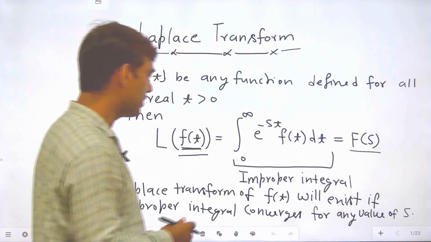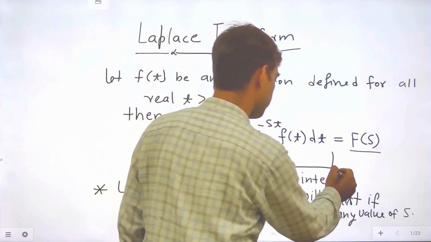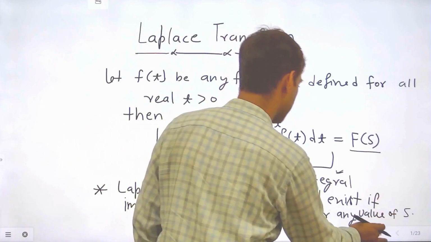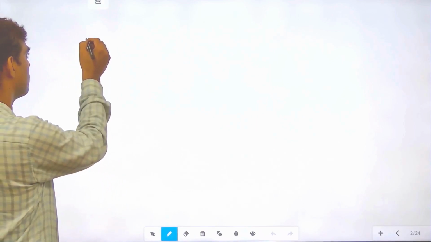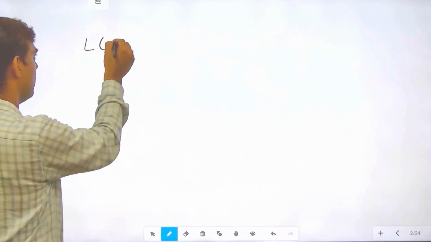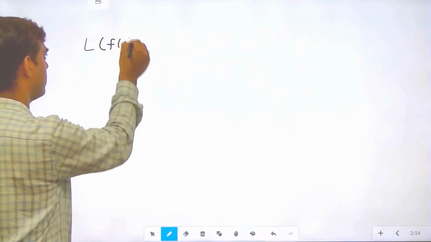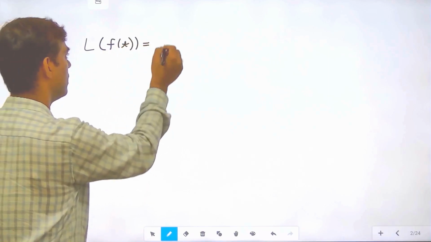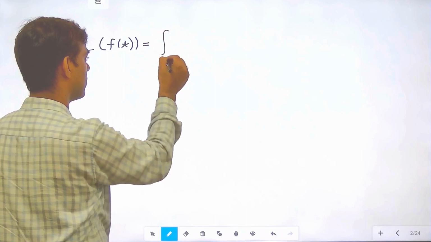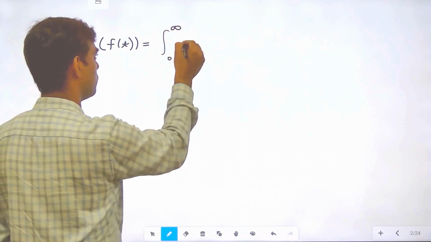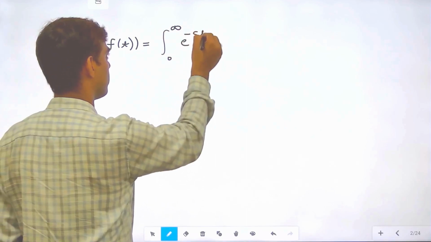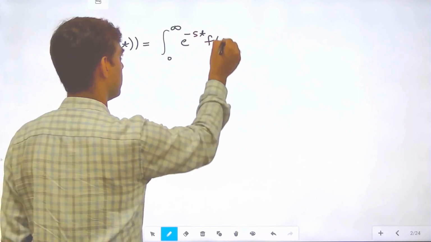This improper integral can also be written like this: the Laplace transform of f(t) equals the integral from 0 to infinity of e to the power minus st f(t) dt.